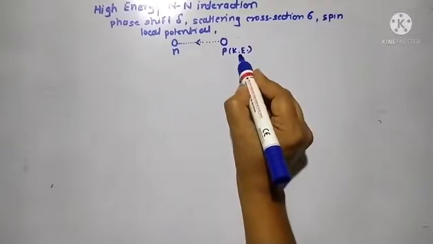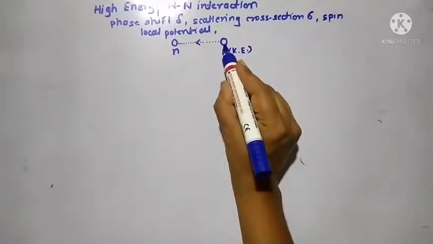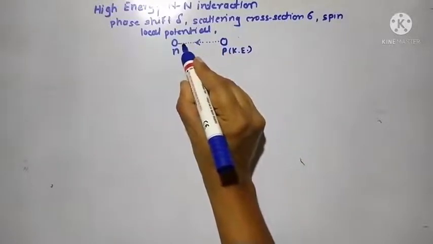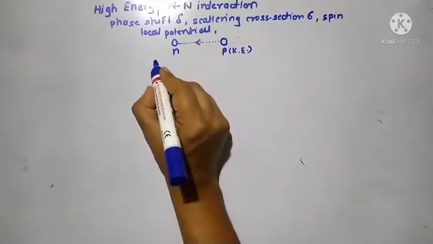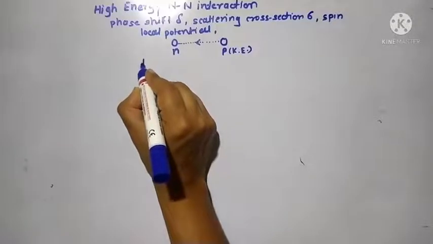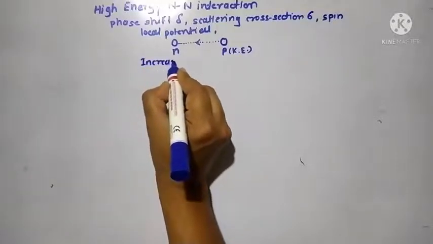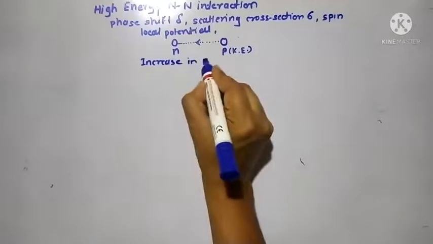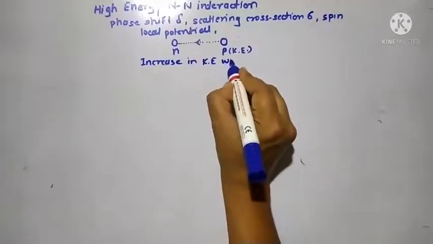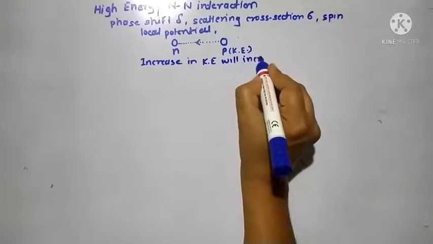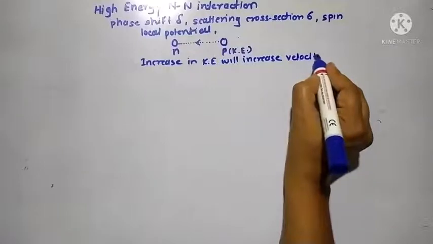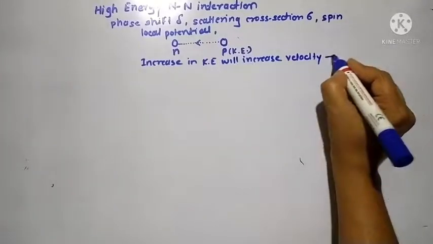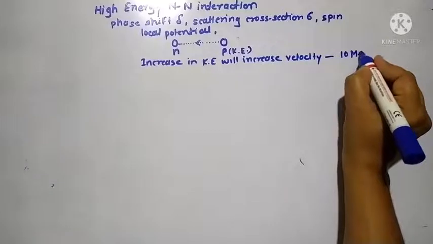Now if I increase the kinetic energy of this proton, its velocity will increase and it will go more close to this neutron. So this linear dependence, increase in kinetic energy will increase velocity, may happen only up to 10 MeV.